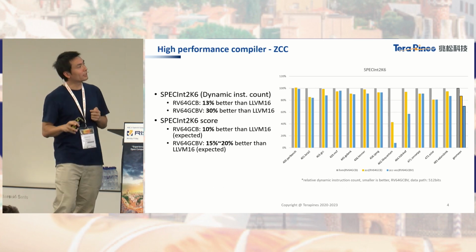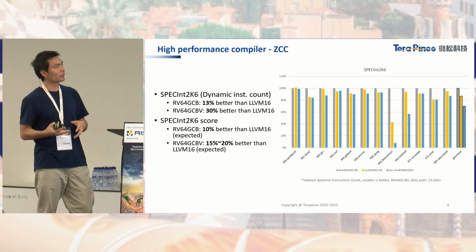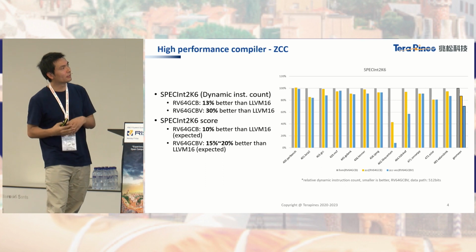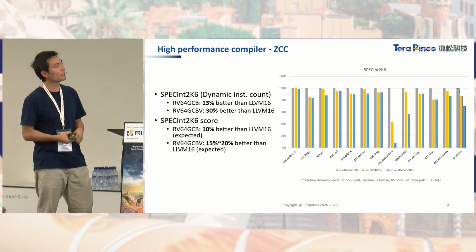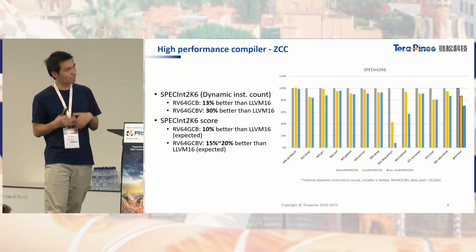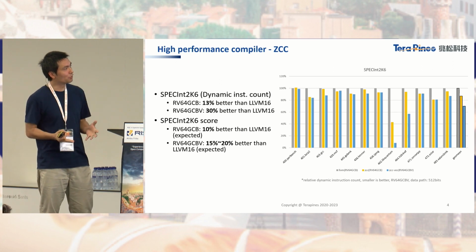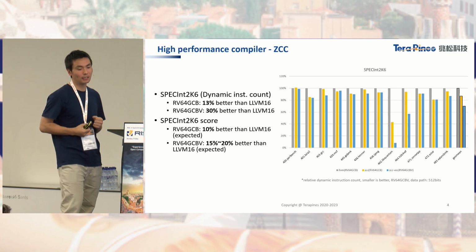Looking at RV64GCB, our compiler can generate 13% better dynamic instruction count than LLVM 16. With auto-vectorization, our compiler can further improve the performance by 17%. That's the dynamic instruction count.